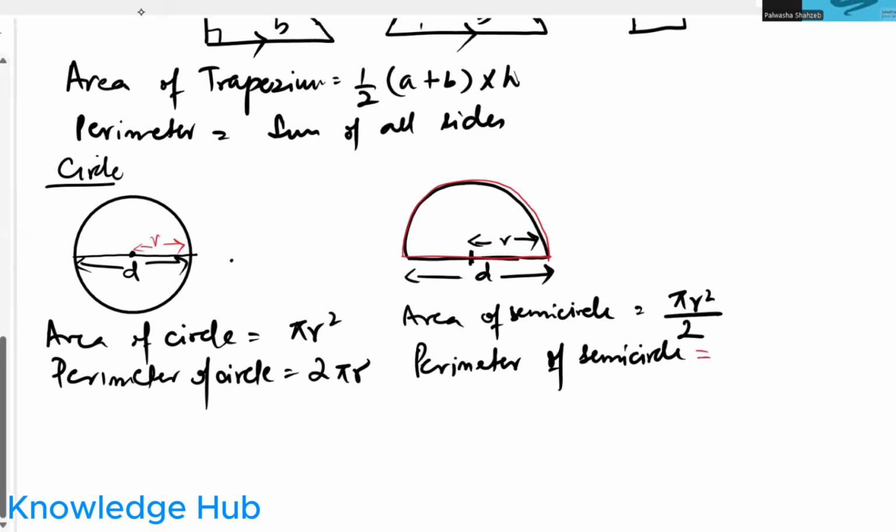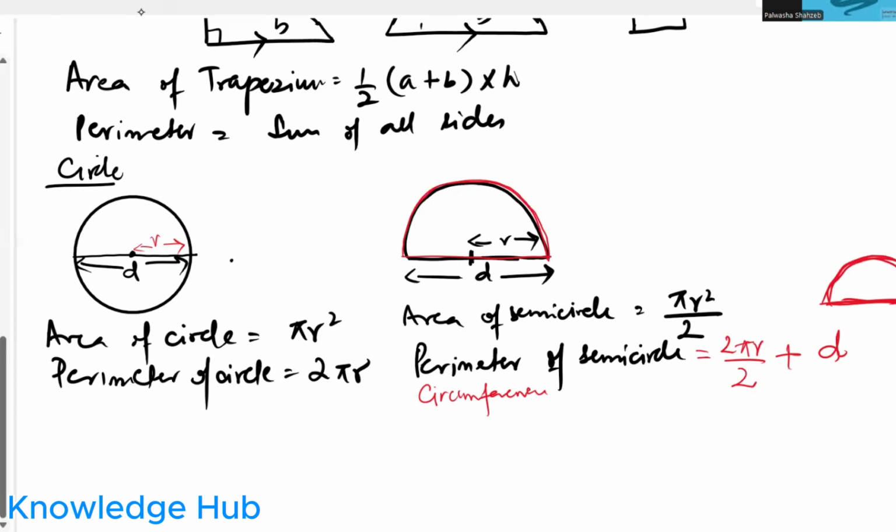As you know, the whole circle has a perimeter, or you can say circumference, of 2 pi r. So this half would be 2 pi r divided by 2 plus the diameter. Whenever we talk about the perimeter or circumference of a semicircle, just keep this shape in your mind.